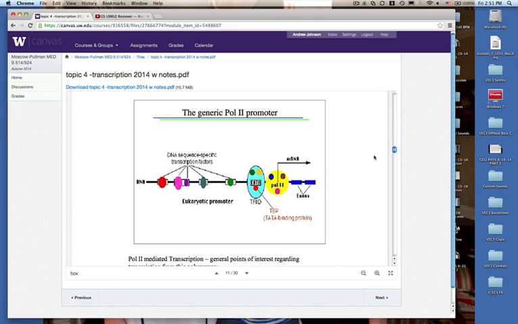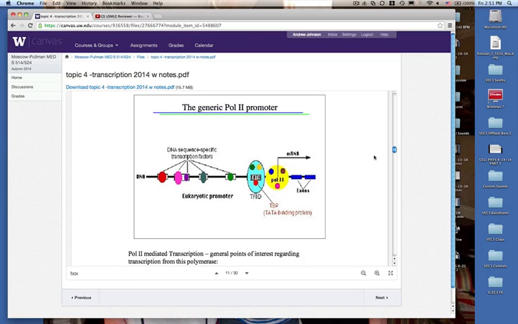Another angle of looking at Pol 2 transcription, and really we've already covered this in terms of the TATA box. That promoter region is going to be bound by TBP, and the rest of that complex is going to help the polymerase bind and start transcribing.